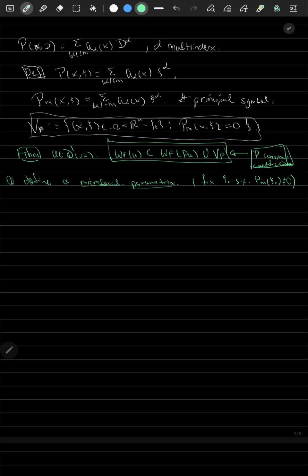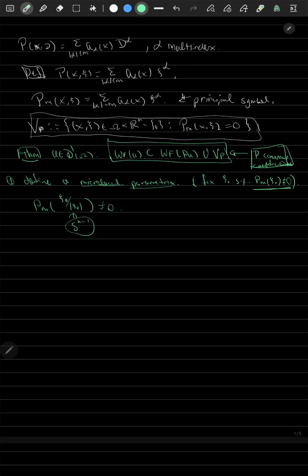So we're taking xi_0 outside of the characteristic set of P. We fix this xi_0, and now notice that since this is not 0, we have P_m of xi_0 normalized is also not 0. This is going to be a point in S^(n-1), in the sphere.